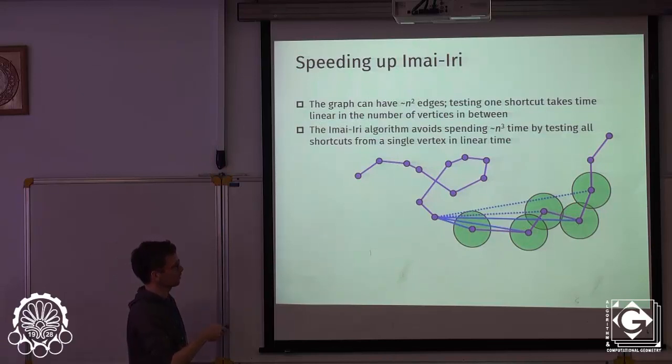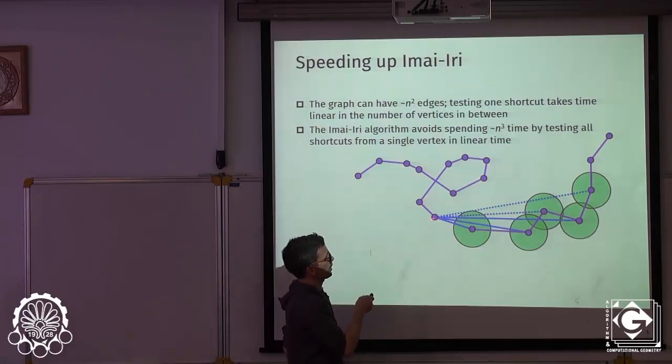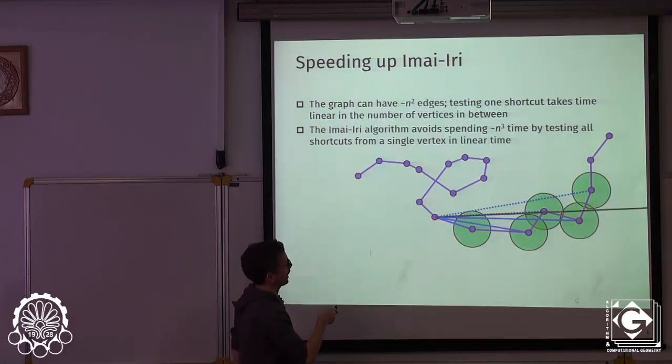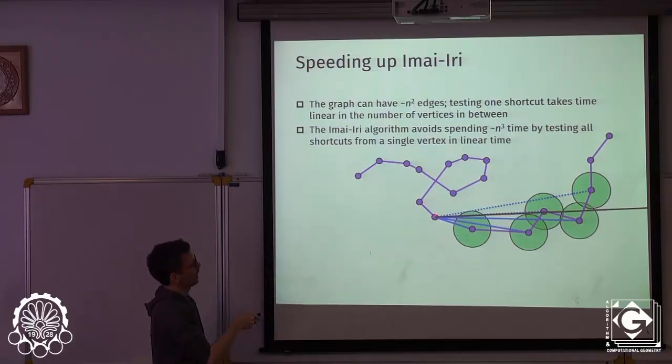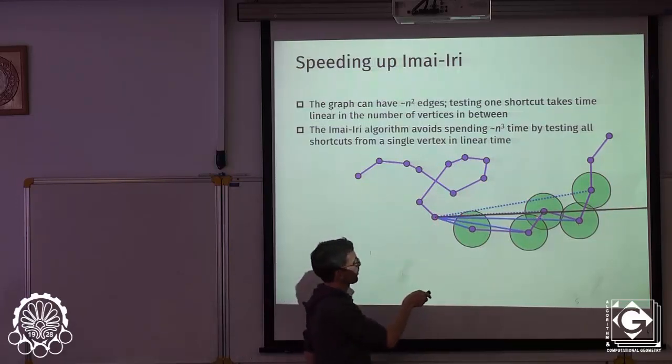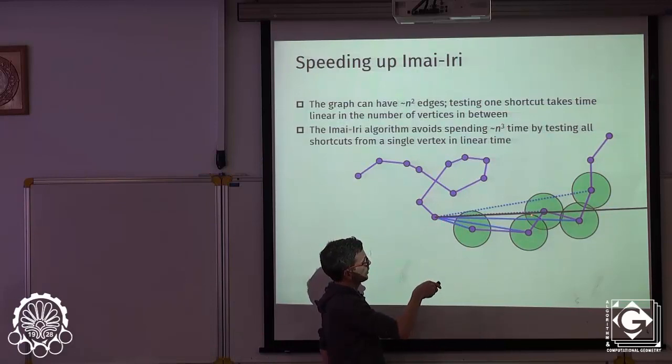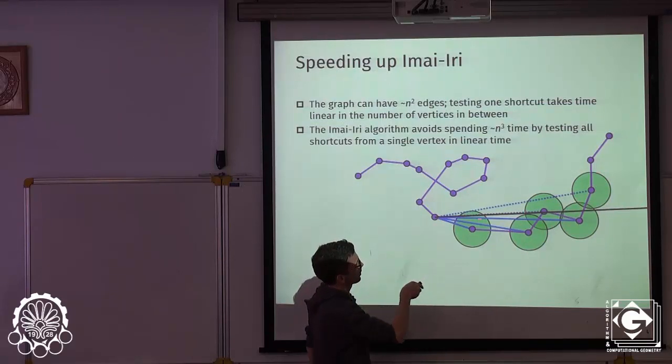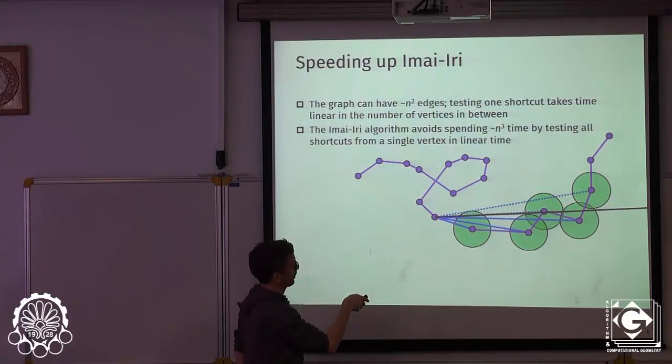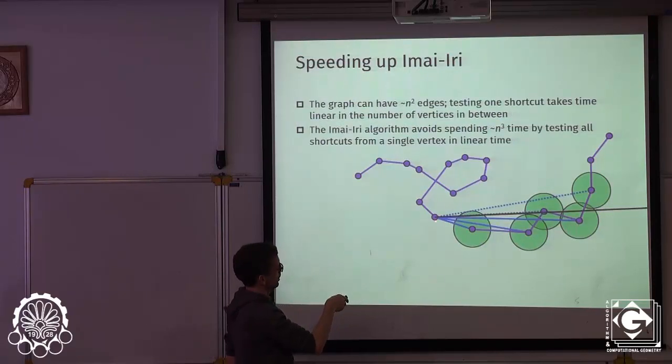And eventually we'll end up in a situation where, if you look at this case here, this disk is completely below this line. This disk is completely above this line. So in this case, if you start from here, it will not be possible.